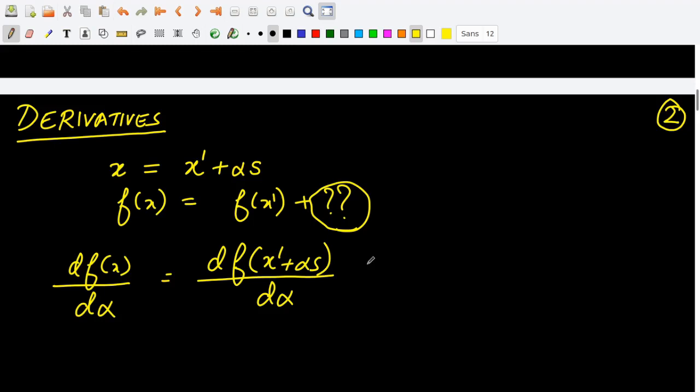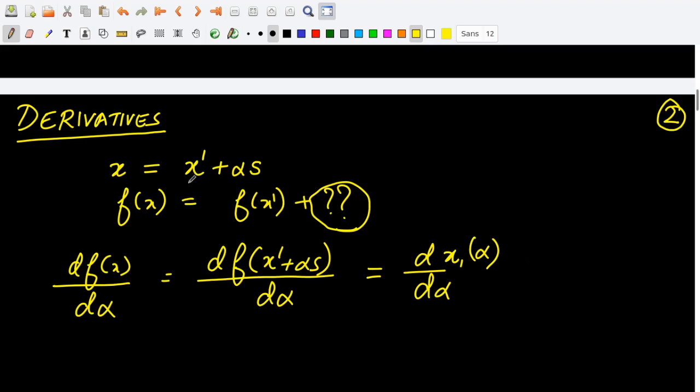So I need to apply the chain rule of differentiation, which just says to break this differentiation into the individual components on which f depends. So this is really going to be d by d alpha of the first component as a function of alpha.